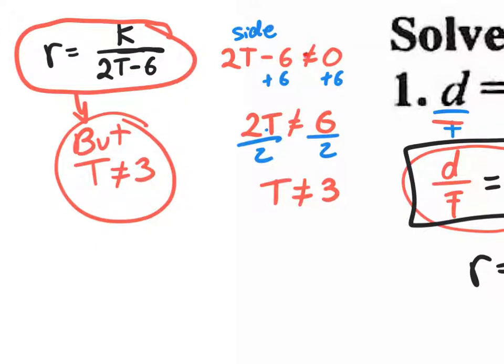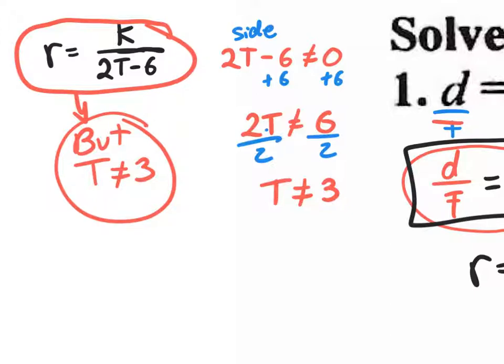And you work this out, and you solve for t, and it'll say t cannot be 3. Again, if t were 3, 2 times 3 is 6. 6 minus 6 is 0. You cannot have a 0 in the denominator. That'll make it undefined.